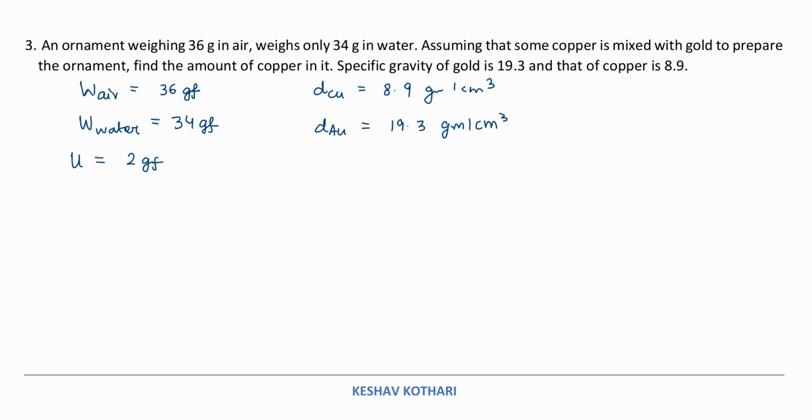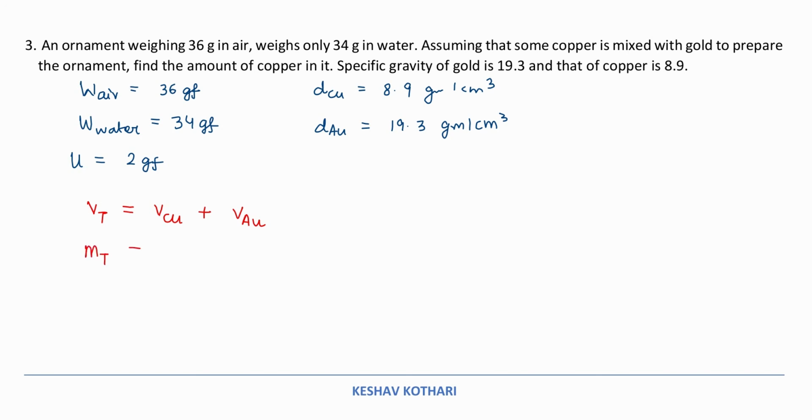Now the next thing which we do is we write the total volume. The total volume is because of the volume of copper present in the ornament and the volume of gold present in the ornament. And the next thing that we can write is the total mass.